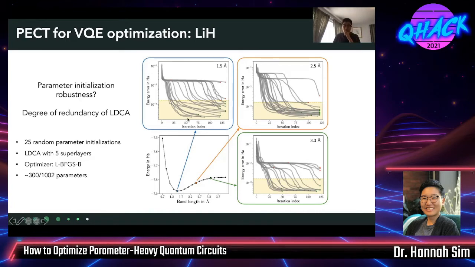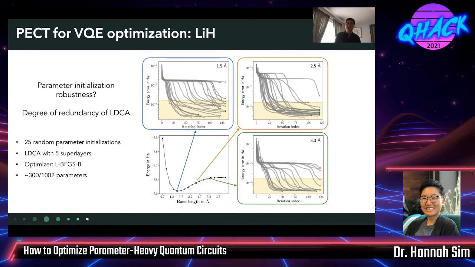And so if we look at the plots right here, the optimization runs that end in these green dots imply that the final energies fell below chemical accuracy. And you see that for all 3 bond lengths, a good percentage of them actually do make it below this threshold.